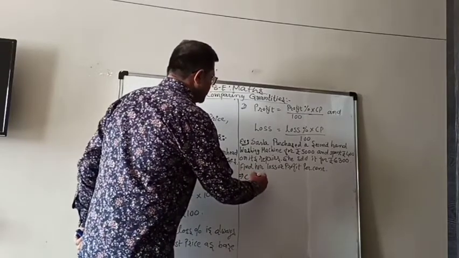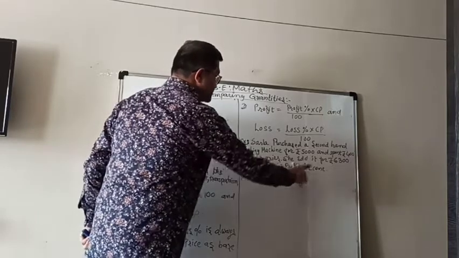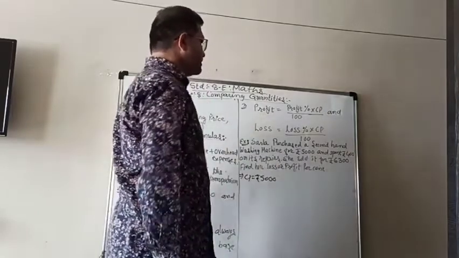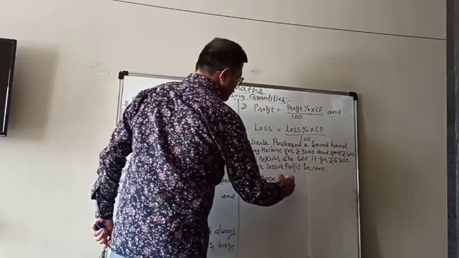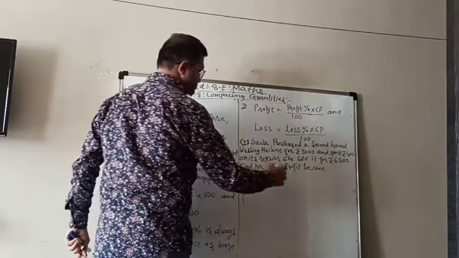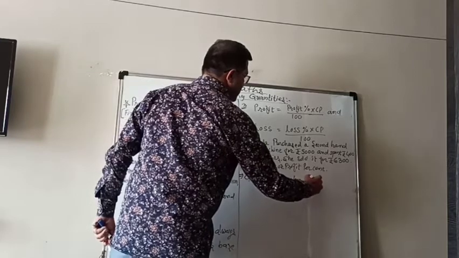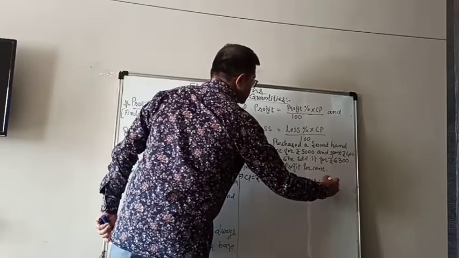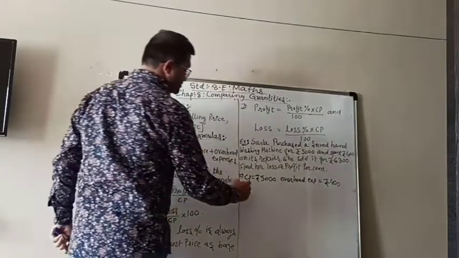CP is equal to rupees 5,000. But now she spent rupees 400 on its repairs, that is the overhead expenses. Overhead expenses is equal to rupees 400. So first of all we have to find the total cost price.